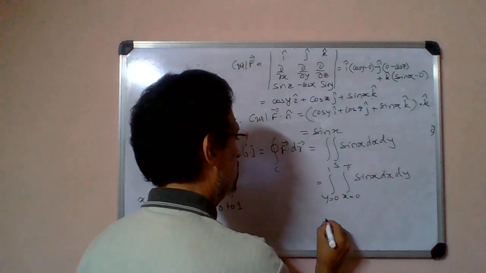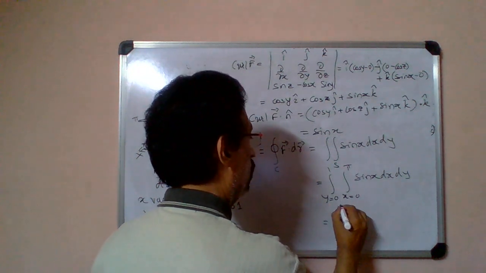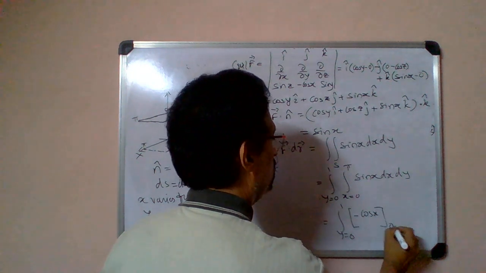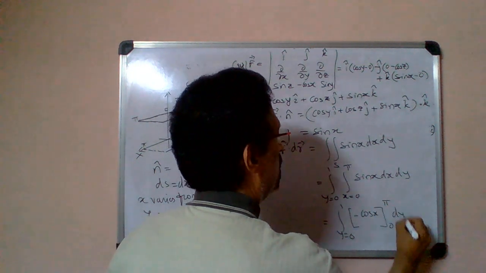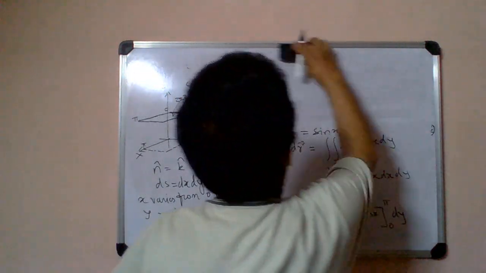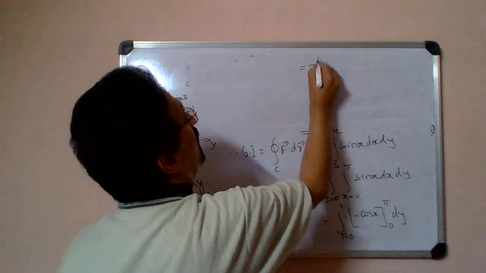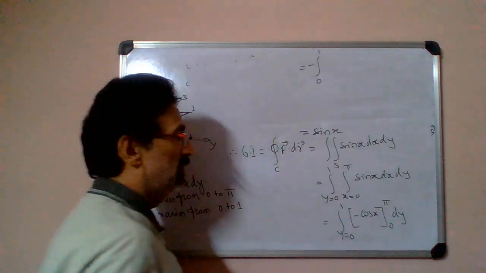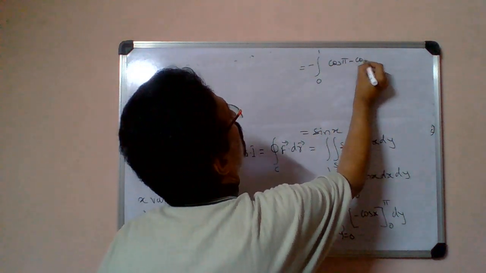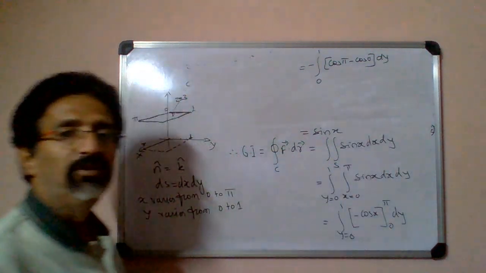So this is nothing but integration y from 0 to 1, minus cos x from 0 to pi, dy. So that is nothing but, this minus sign I take out, minus integral 0 to 1, cos pi minus cos 0, dy.